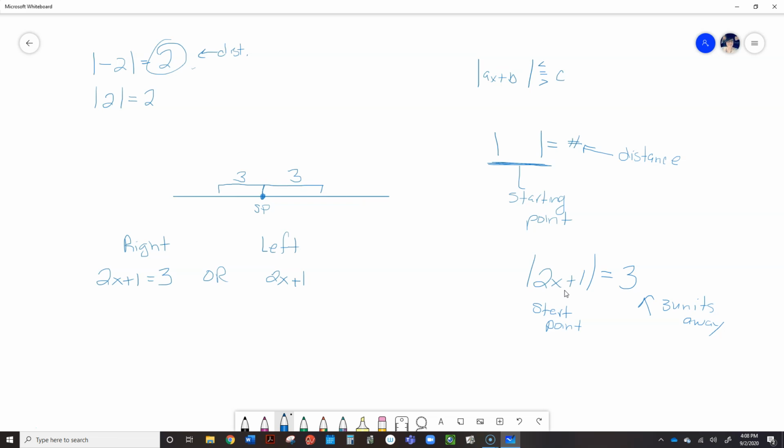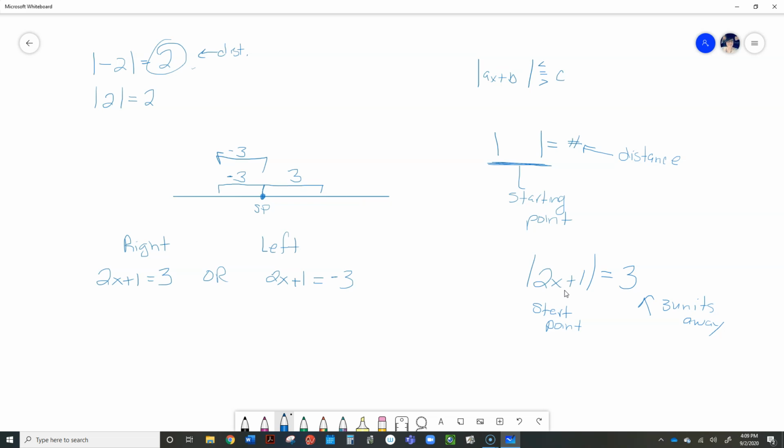This says we're going to go 3 units to the right. This says we're going to go 3 units to the left, because when we move to the left, we're going a negative. The negative in this case is telling me direction, and this is distance.